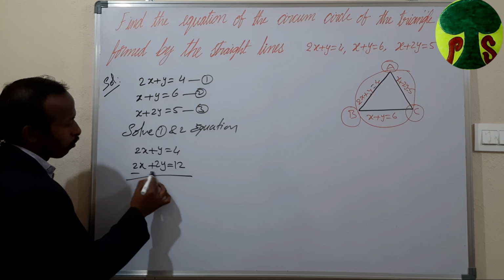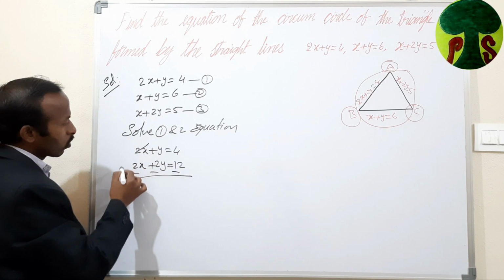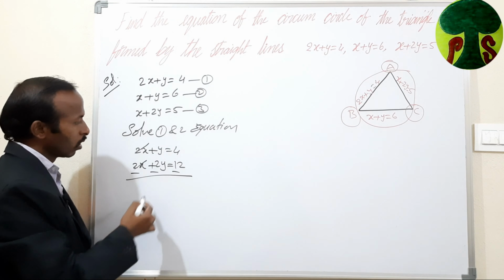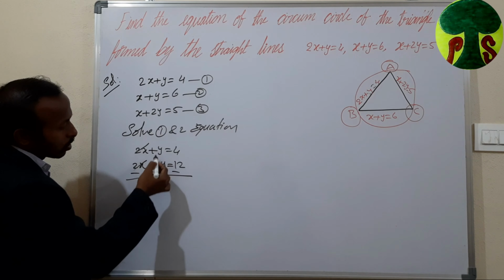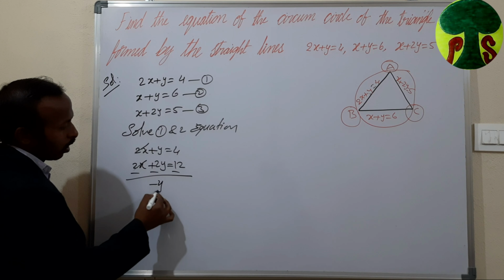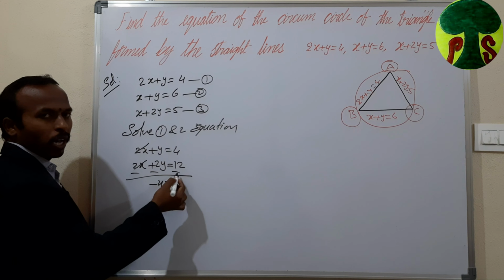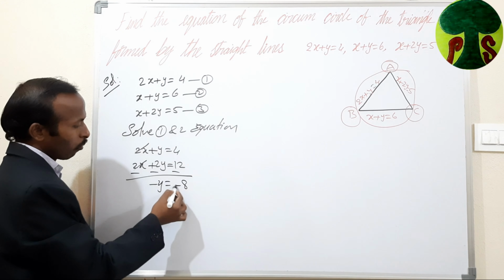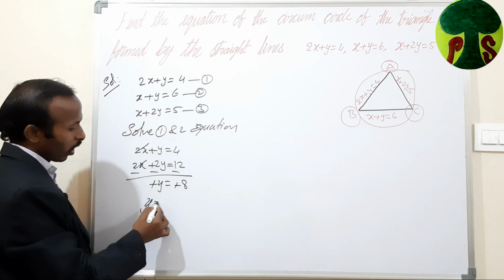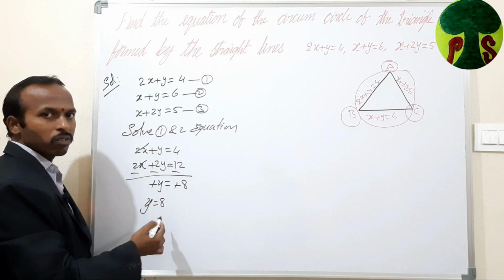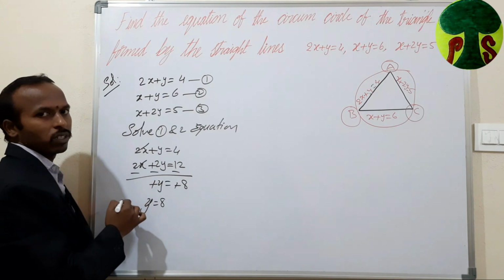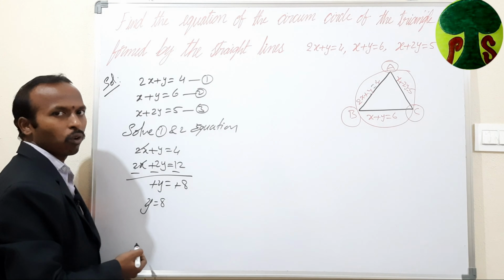Now subtract: minus, minus, minus. Plus 2x minus 2x get cancelled. So y minus 2y is minus y, equal to 4 minus 12 is minus 8. Minus minus get cancelled, y equal to 8. Substitute this value in the first equation in order to get the value of x.